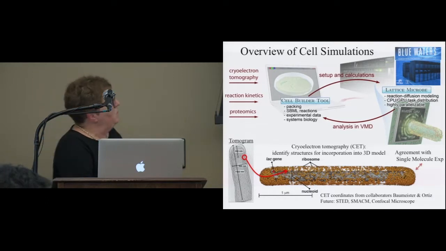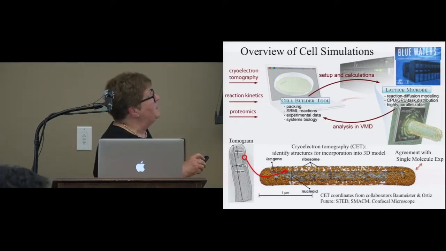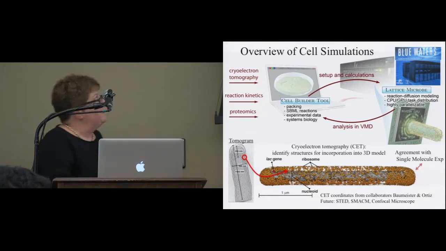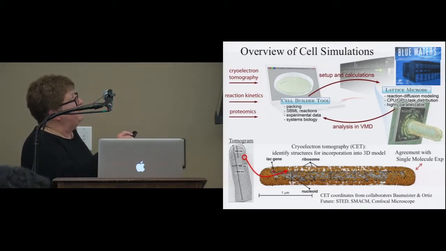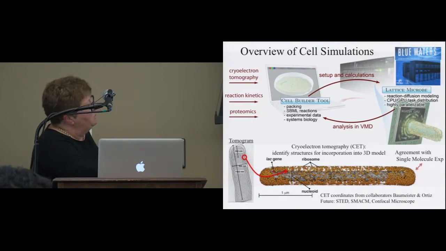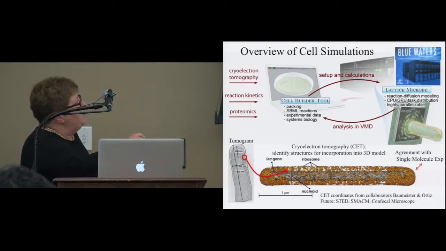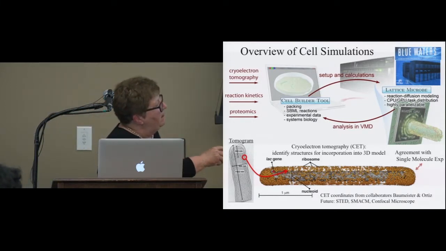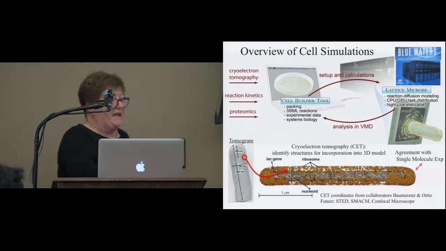Now, back to our overview of our cell simulations. We really tried to bring in as much experimental data as possible. So, for example, about the cell structure, we bring in these tomograms, those cryo-electron tomograms. This is from one of my collaborators at the Max Planck. So you see, you get the size of the cell, you see these dots, those are the ribosomes, some of the biggest crowders, and you also get a faint outline of the nucleoid region, where the DNA is sitting.